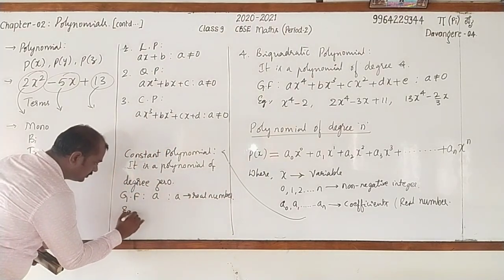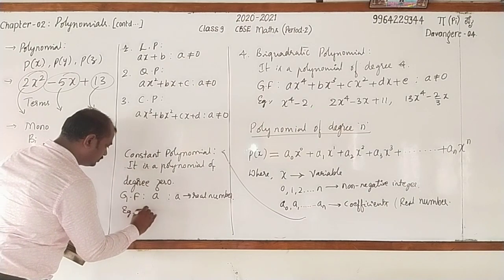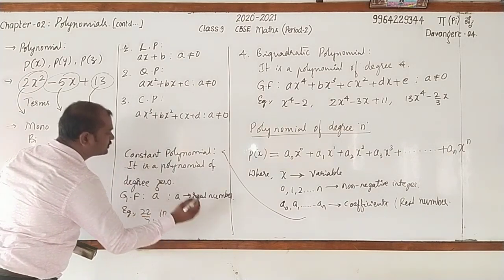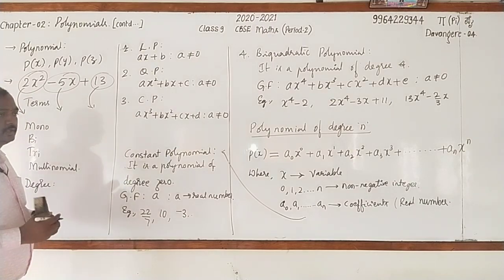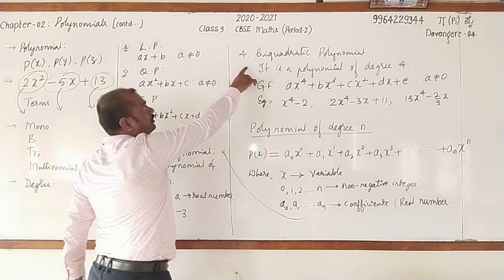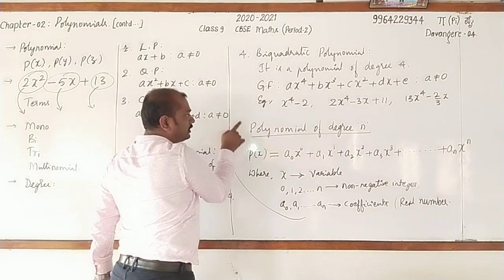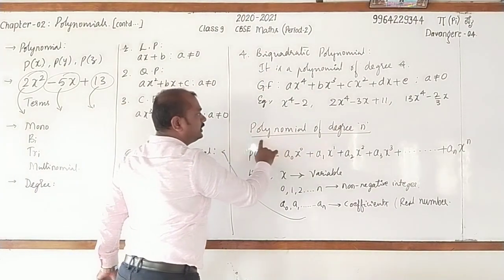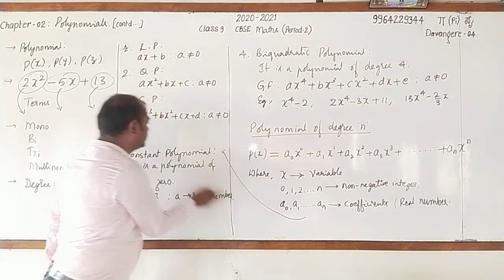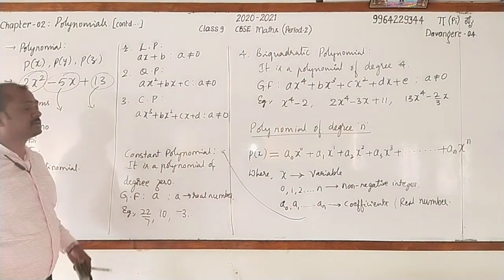An example for this: you may take 22 by 7, 10, minus 3 and so on. Got it? Dear students, now you have to write the definition of the biquadratic polynomial, copy up to here, then write the side heading polynomial of degree n, then copy up to here. After this, you come back to the constant polynomial.